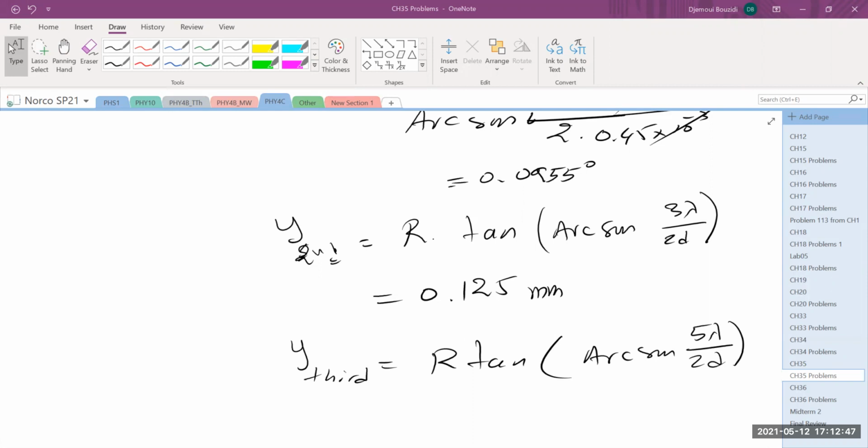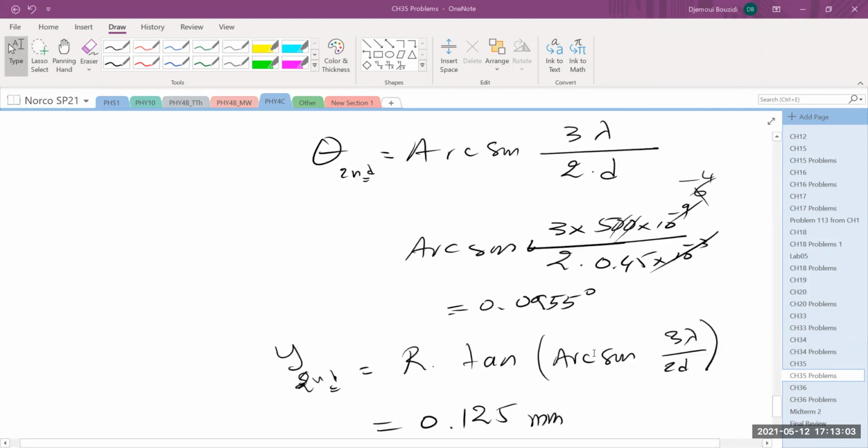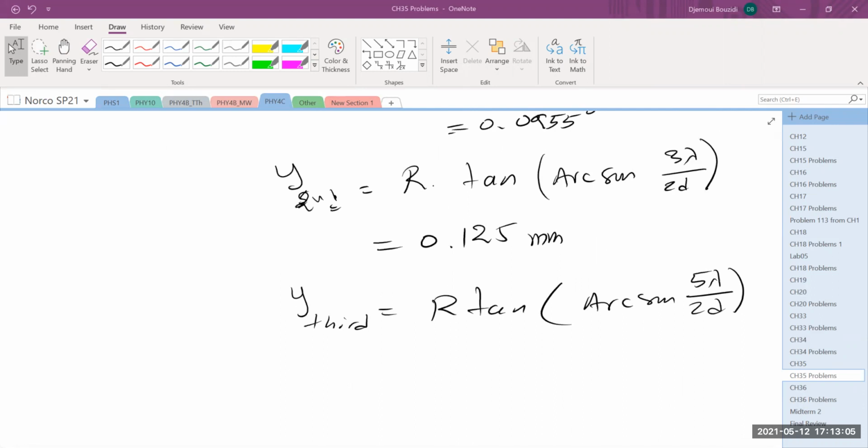So it's going to be 75 centimeters times the tangent of the arc sine of 5 times lambda, which is 500 times 10 to the negative 4, divided by open parentheses 2 times 0.45, close parentheses, close this parentheses.